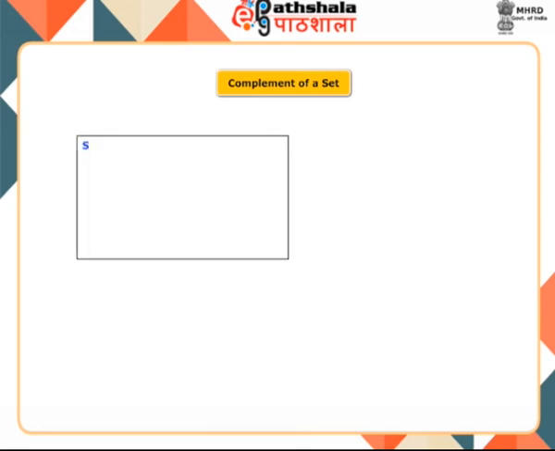Let S denote a space and let A be a subset of S, that is, A ⊂ S. The set that consists of all the elements of S that are not the elements of A is called the complement of set A with respect to space S. It is denoted by A^C.